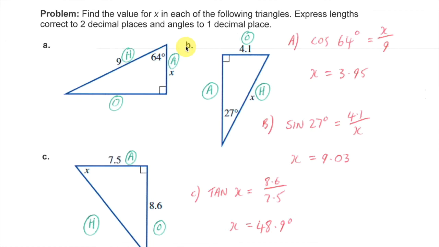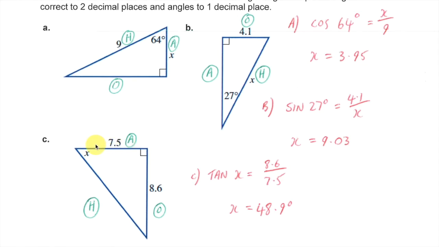For B, this time we have an unknown hypotenuse, we have a known angle which is 27 degrees, and we have an opposite side length. So this time we're going to be involving sine. So sine of 27 equals 4.1 over x. Again, just solve for x. And finally, we've got an unknown angle, x.